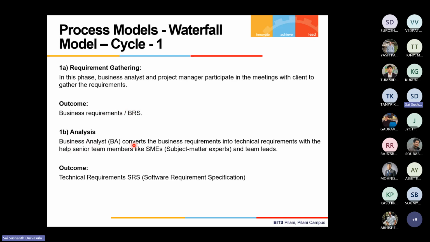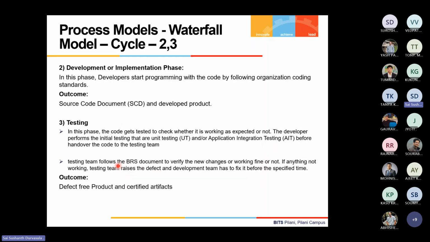Then the business analysts, in conjunction with the subject matter experts, the architects, and so on, convert these business requirements into something called TRS, technical requirements specification, sometimes also called SRS, for software requirement specification. Because whatever they come up with technically, at the end we develop software for it. So these are the outcomes.